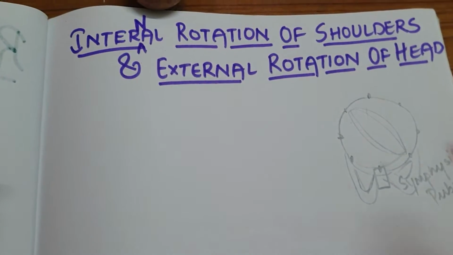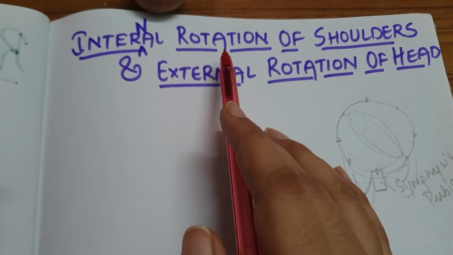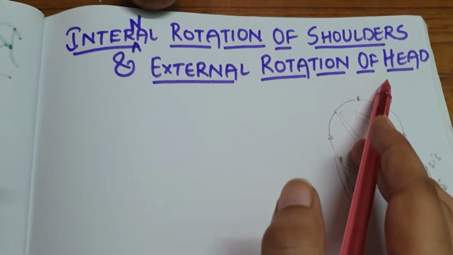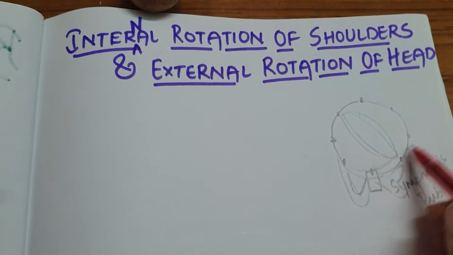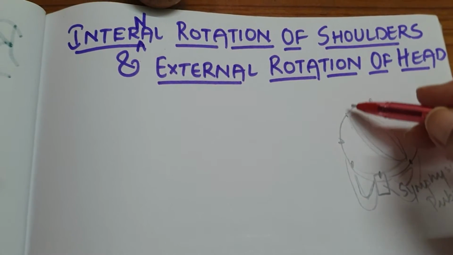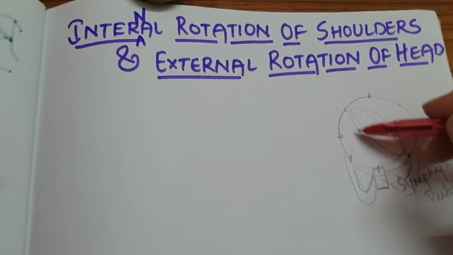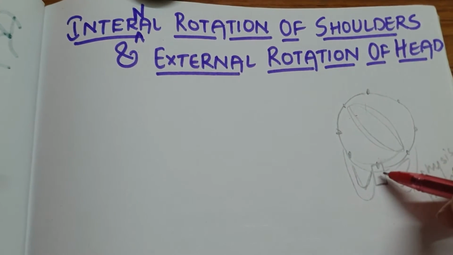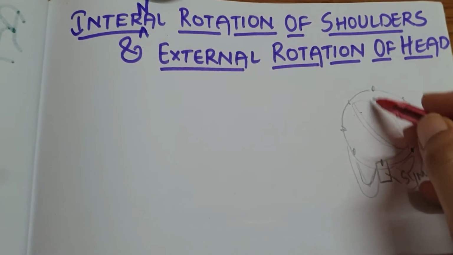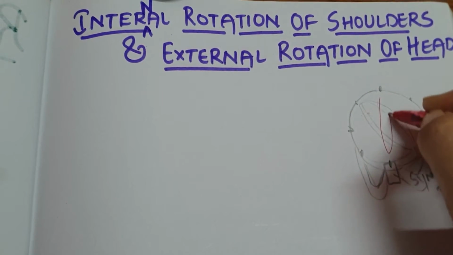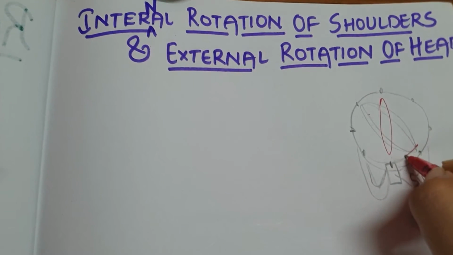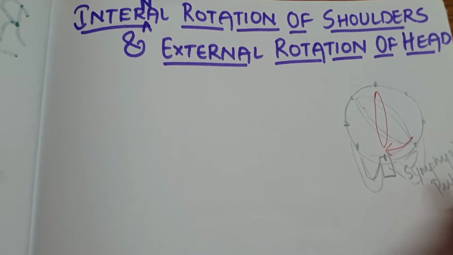So after the restitution, the next step is internal rotation of the shoulders and the external rotation of the head. In the previous step we studied that the torsion is removed, that is, the twisting in the neck is removed, because the whole body along with the head comes in oblique position. But in this step, the whole body or the shoulders come in the anterior posterior diameter by moving 1/8 of the circle.